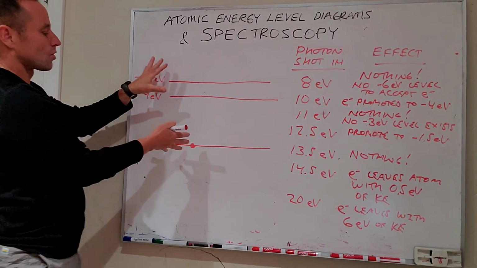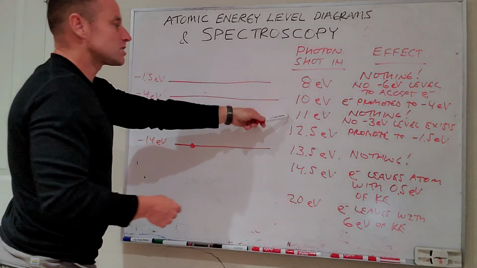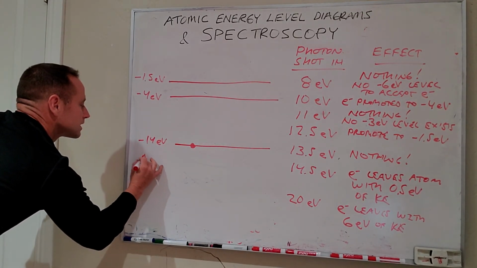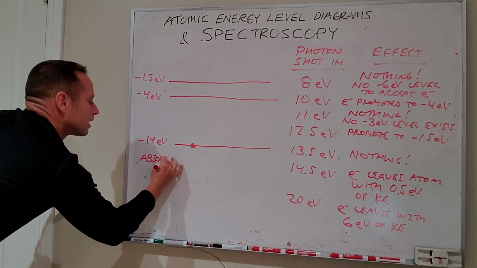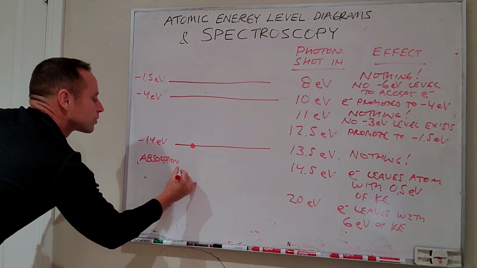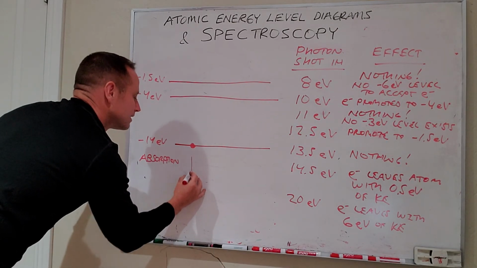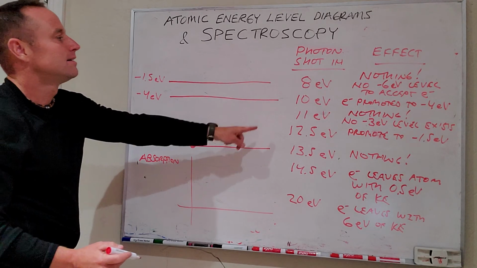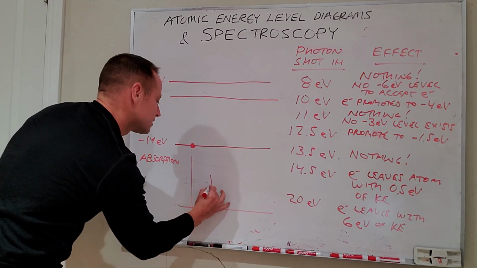Okay, so moral of the story, if you're trying to see what types of photons this thing can absorb, this is called an absorbance spectrum. Let's look at the list of what we've done. So this is going to be our absorption. What's going to happen is it will take photons at, what do we got? At 10 eV. So it'll take those.